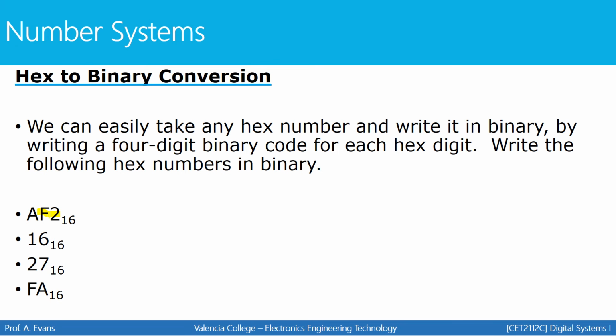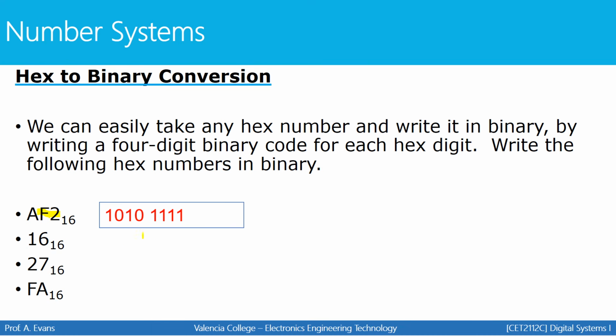So here's how this will work. A is equal to 10. 10 is equal to 1010 in binary. So the letter A becomes a 1010. F is equal to 15. 15 is equal to 1111 in binary.